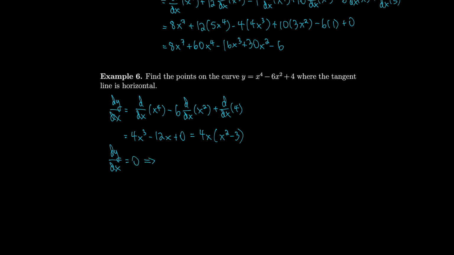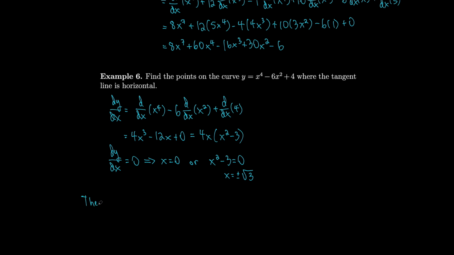Notice that that's when this thing is 0, which happens when either this guy is 0 or this guy is 0. So either x is 0 or x squared minus 3 is equal to 0, which means that x is equal to plus or minus root 3.